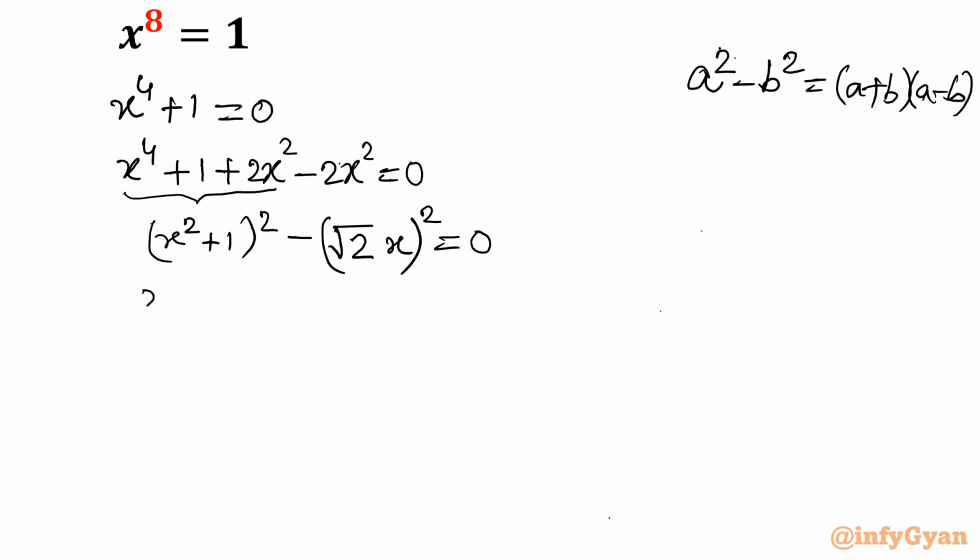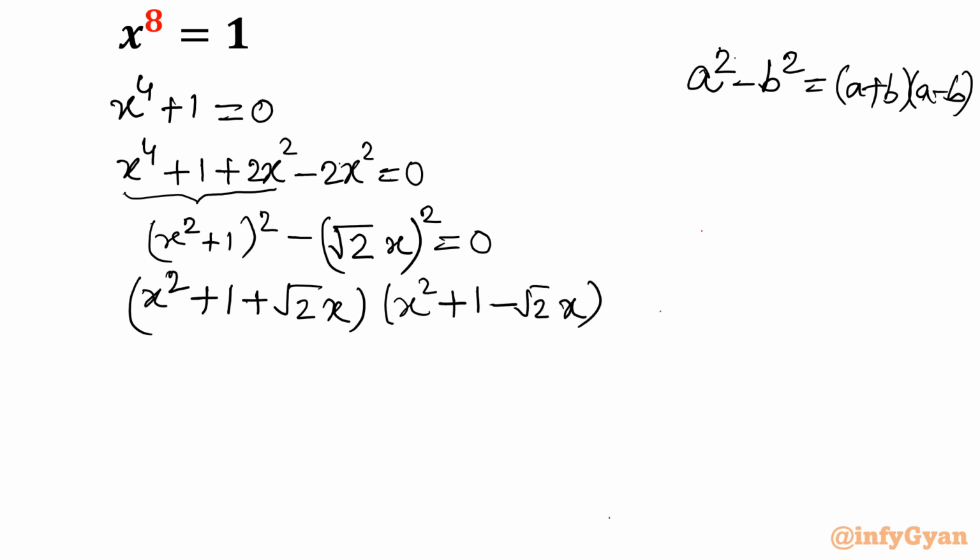So it will give us x square plus 1 plus root 2 x, times x square plus 1 minus root 2 x, equal to 0. There may be many methods possible. If you find one, you can solve. What we'll do is apply the quadratic formula, because both parentheses are quadratic equations.